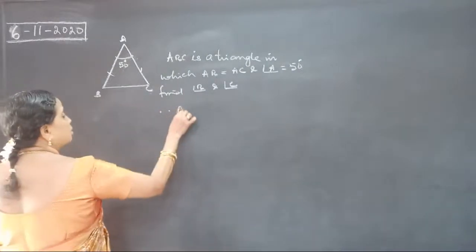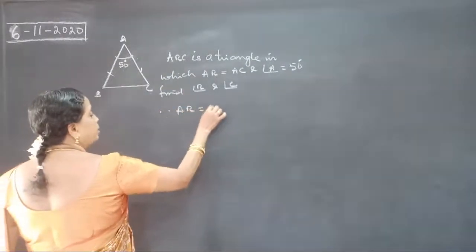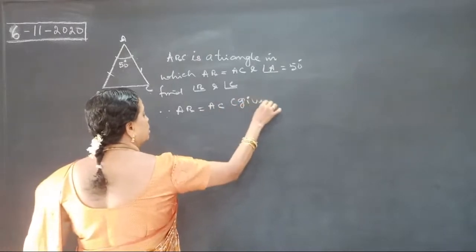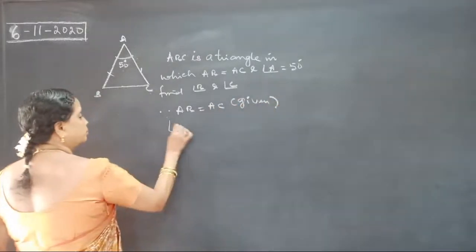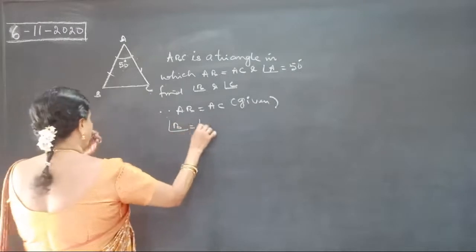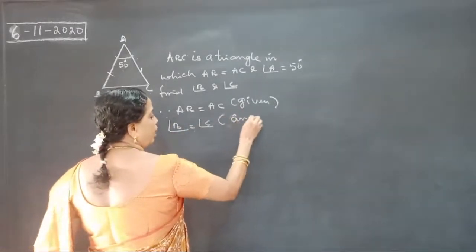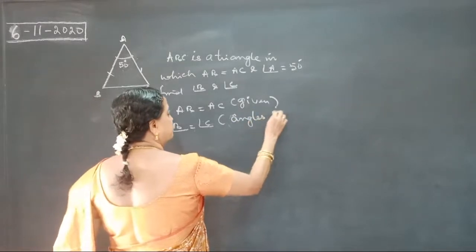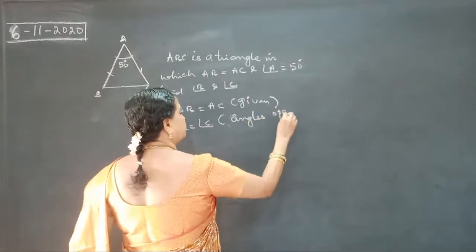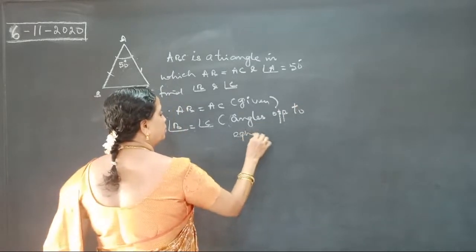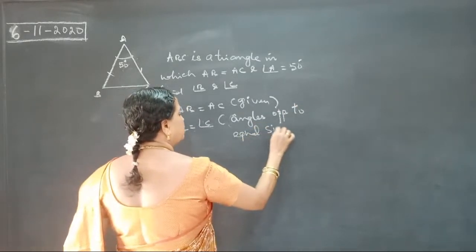Since AB equals AC given, angle B equals angle C, angles opposite to equal sides.